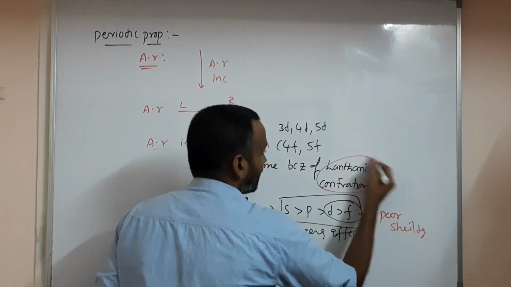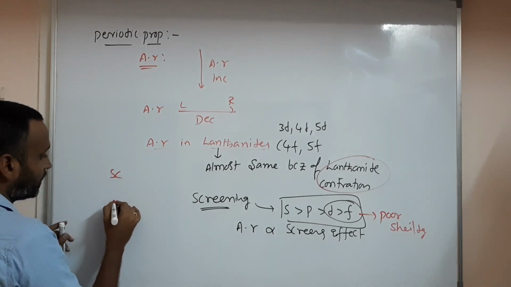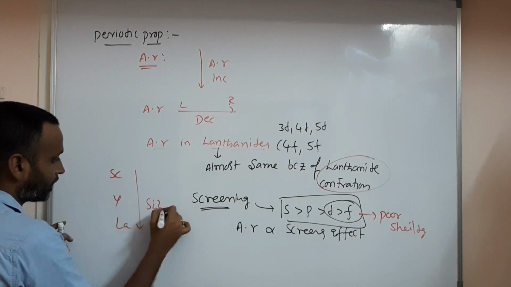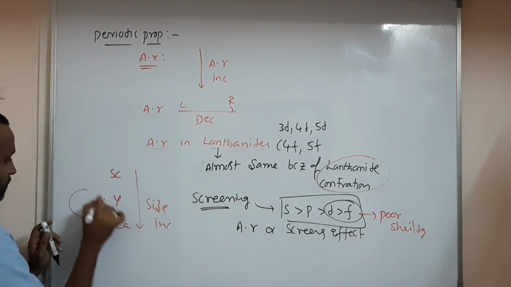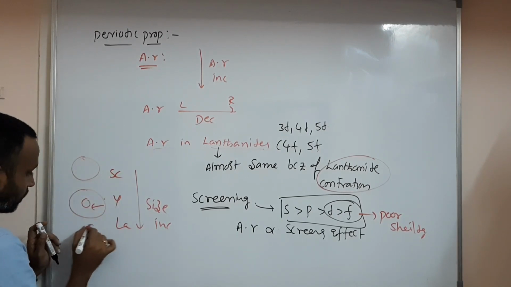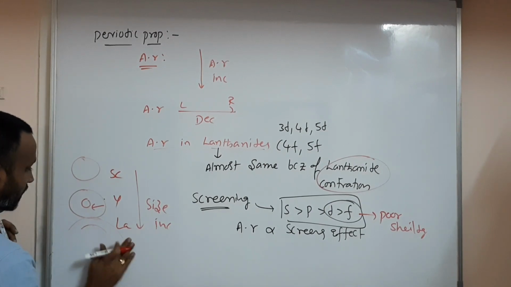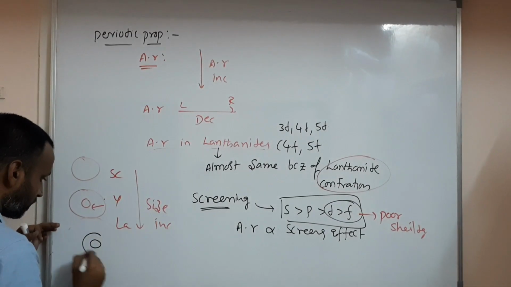Suppose here scandium, here yttrium, here lanthanum, like this. Actually the size must increase, but here, due to poor shielding, the last subshell is coming closer. But the radius is almost the same, because the inner subshell is not protecting properly.